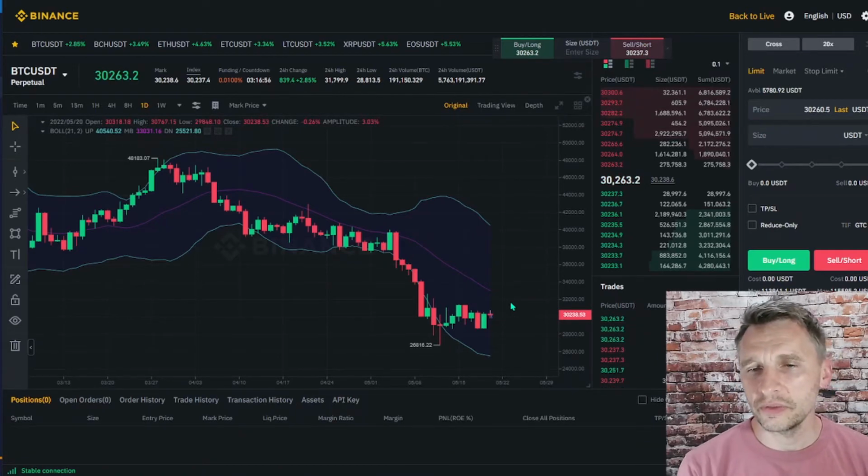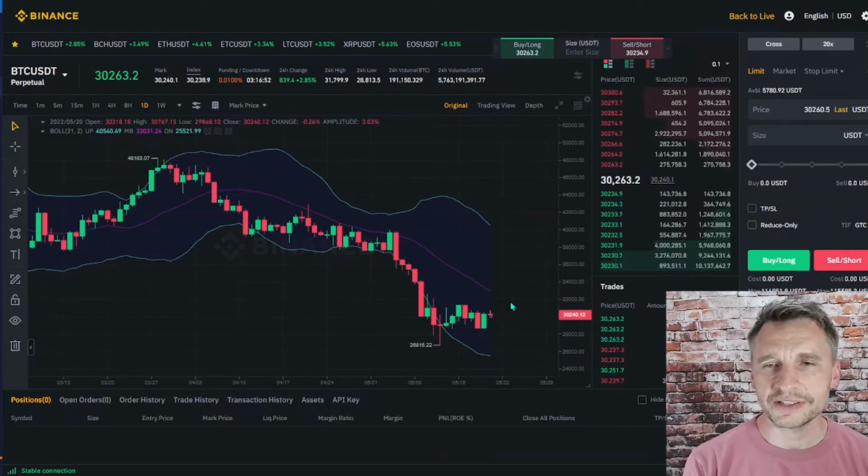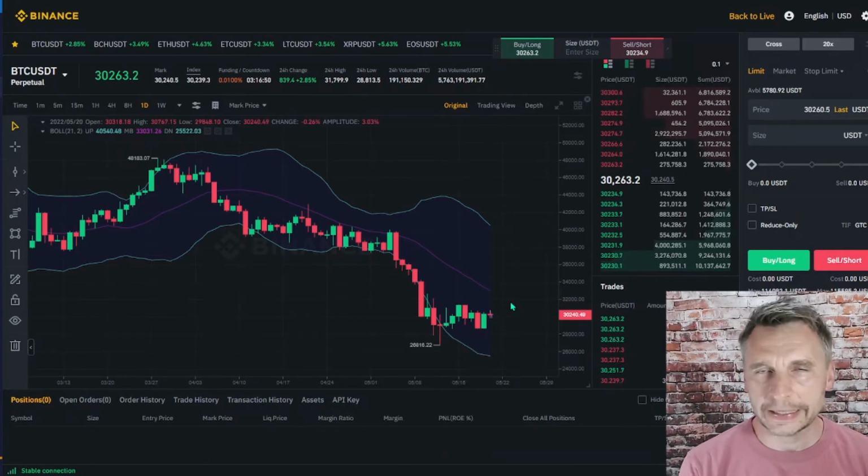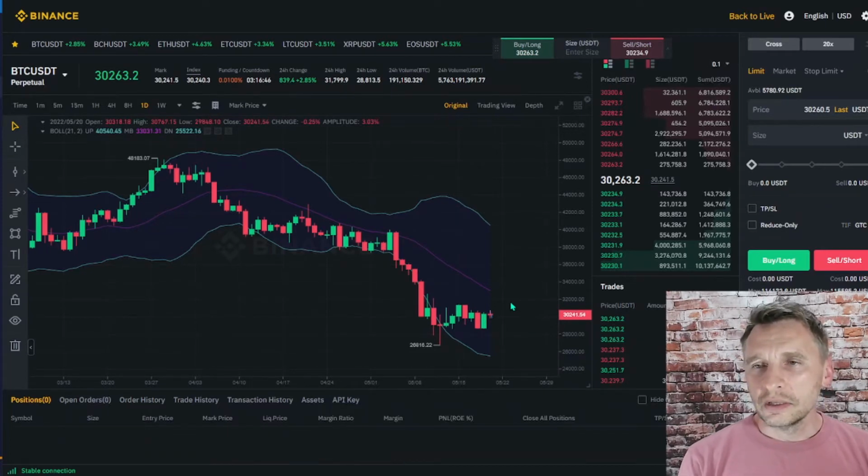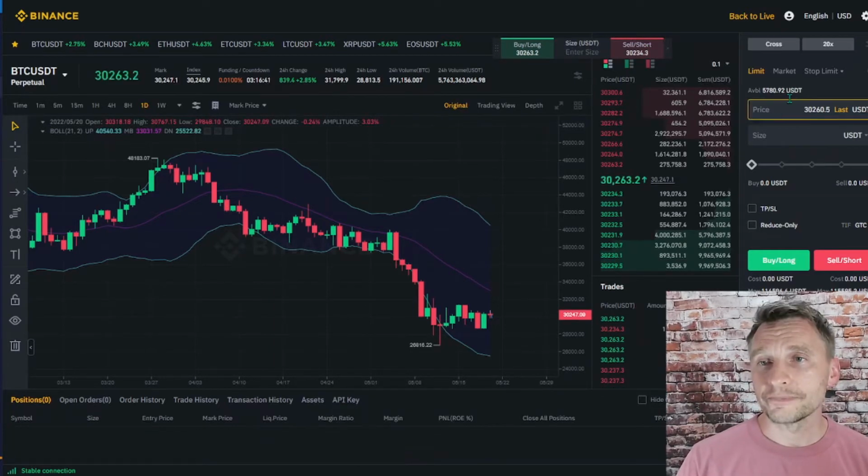The risk which you run into at that point is that if the market does turn really sour really quickly, as cryptocurrencies often do, then you could potentially lose all of your assets in your account.